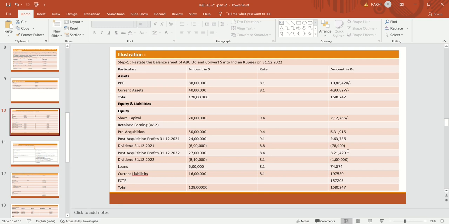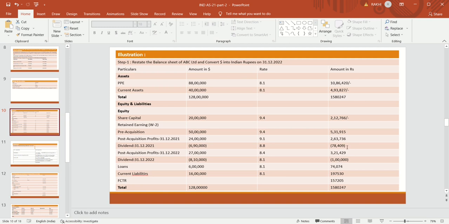1 lakh, which is to be reduced from the profit, and loan is to be converted at closing rate and current liabilities is to be converted. The difference between the assets and liabilities is to be considered as FCTR, that is 1,57,205.